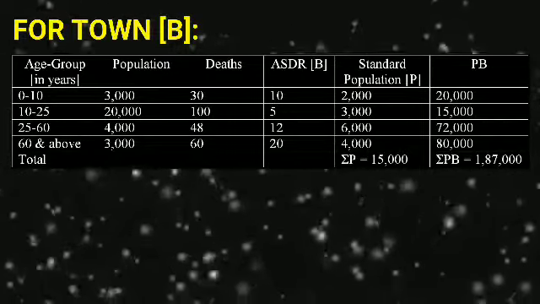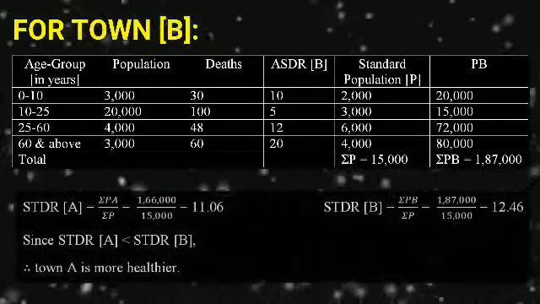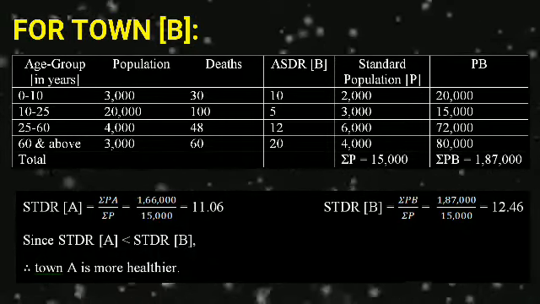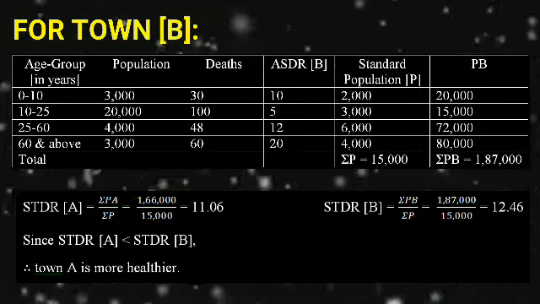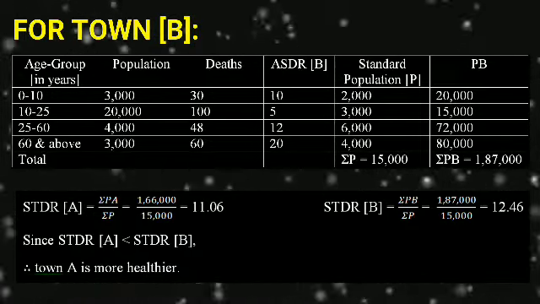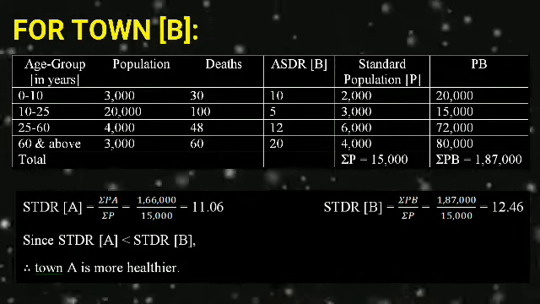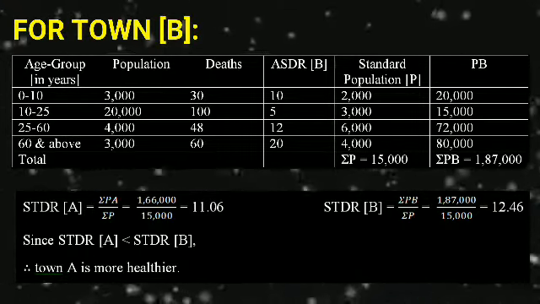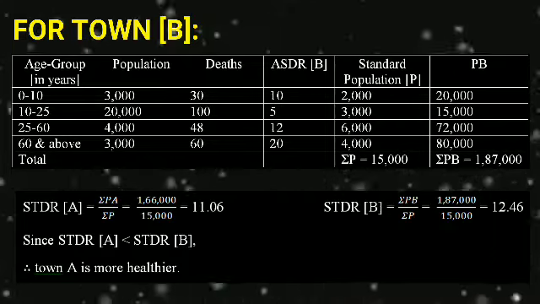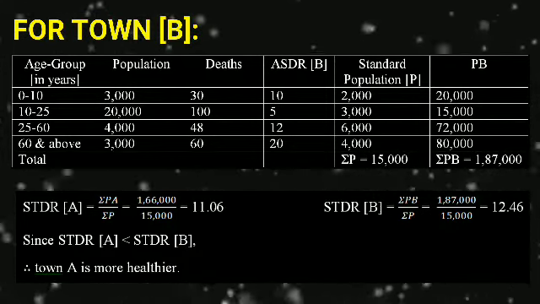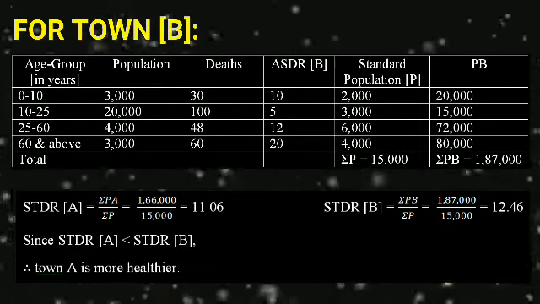Now, after completing the tables, the next step, you should find the STDR values for the two towns A and B. So, first let us find STDR of town A. STDR of A equal to, the formula is sigma PA divided by sigma P. Here, sigma PA for the present question, it is equal to 1,66,000, sum total of PA, divided by total standard population, that is 15,000.